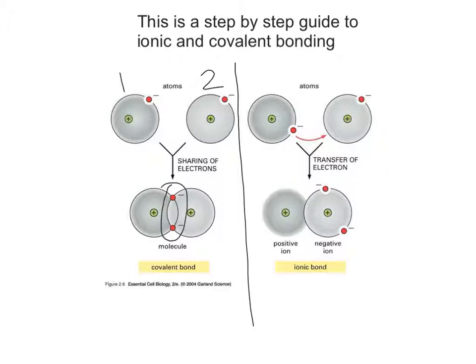In ionic bonding, atom 3 is losing electrons to atom 4, and atom 4 is gaining electrons. Therefore, you're making an ionic bond. The electrons, you notice in the compound, are on one side, making it a negative ion. And the other one who loses the electrons is a positive ion.